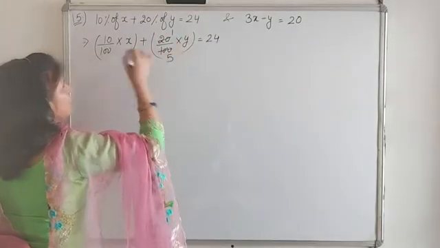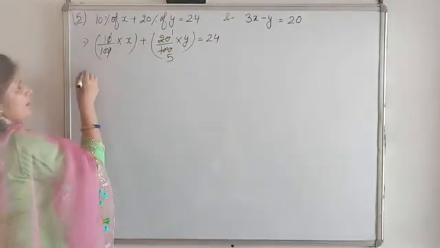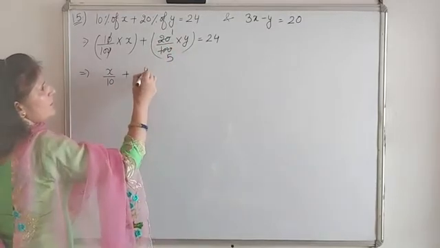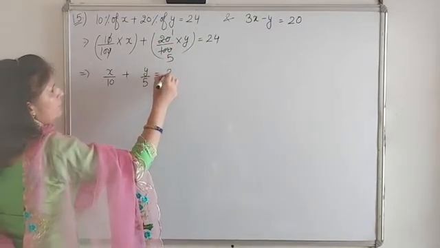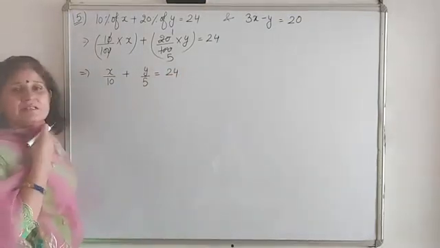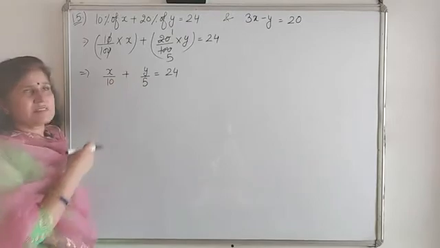You can reduce them to the lowest terms, so we get x over 10 plus y over 5 is 24. Further, you can also solve this. Take the LCM of 10 and solve, and then you get the same as a simple equation.